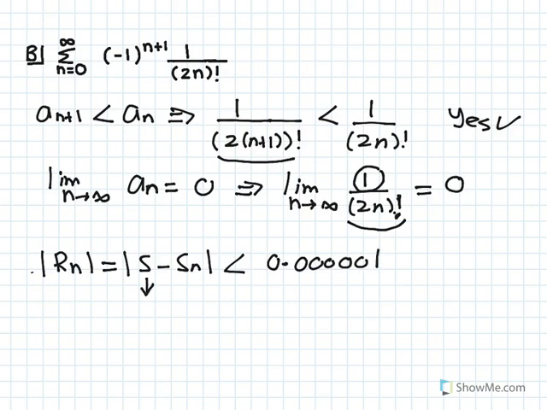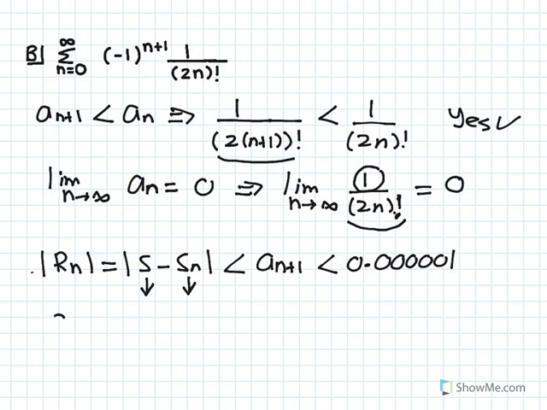S is the sum of the entire infinite series, and S sub n is the sum of the first n terms, the nth partial sum. The error is less than a sub n plus 1, which is the first omitted term, and we'll make this less than 10 to the minus 6, and then we solve for n. So that's our strategy basically.